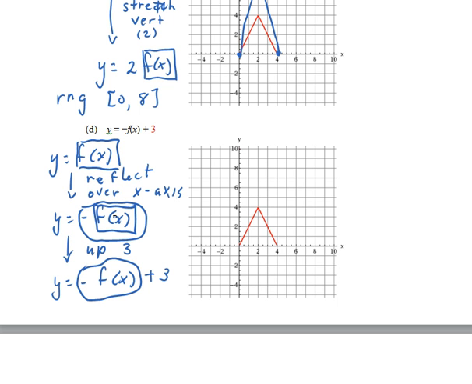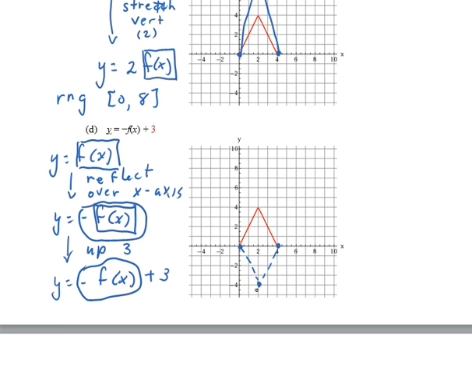So when we reflect our original graph across the x-axis, we're multiplying the y values by -1, so the points on the x-axis do not move. But the point (2, 4) will go to (2, -4). This is an intermediate curve.